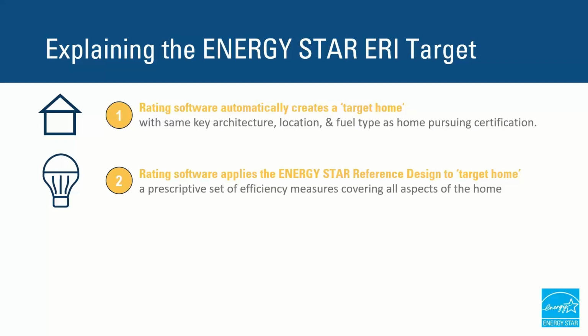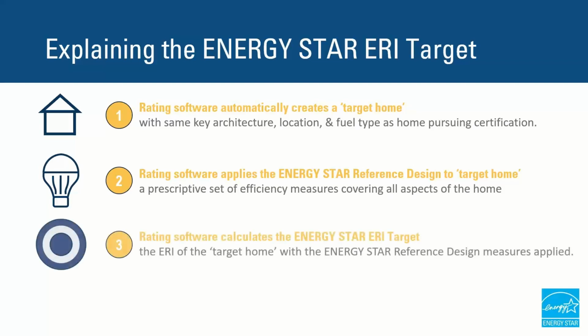The Energy Star reference design is a prescriptive set of efficiency measures covering the house from top to bottom. So insulation levels, infiltration, duct location, equipment and appliance efficiency, the whole shebang. Step 3, the rating software calculates the Energy Star ERI target, which is the ERI that results from the target home configured with that Energy Star reference design set of measures.